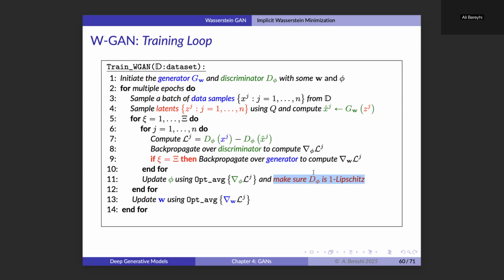So we need to somehow enforce this property, but this is not a big deal. We're going to talk about this. Once we are done, we can just return the trained generator, and then we can simply use it to sample from the data distribution, right?